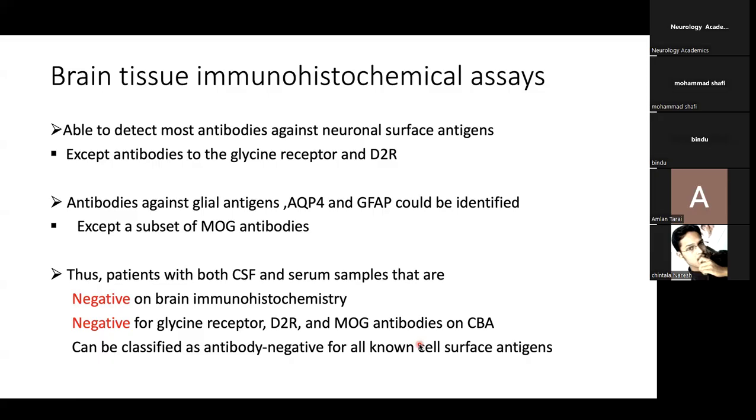So the patient is positive on the brain immunohistochemistry and negative for the glycine receptor, cell surface antigen.